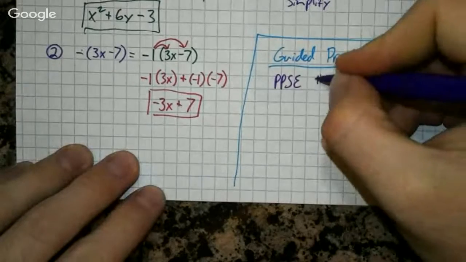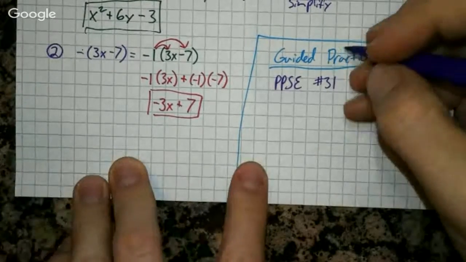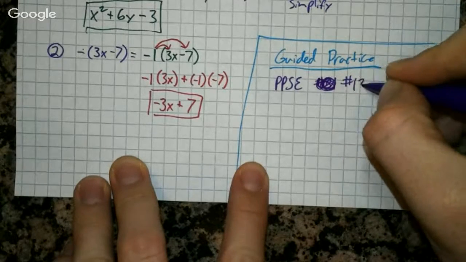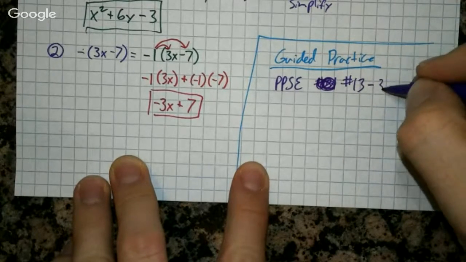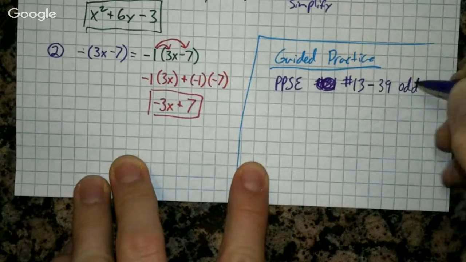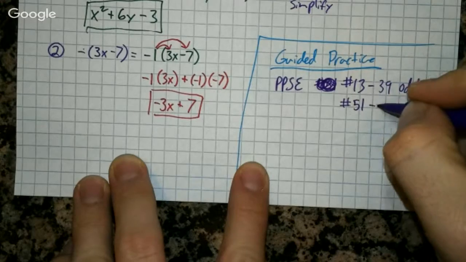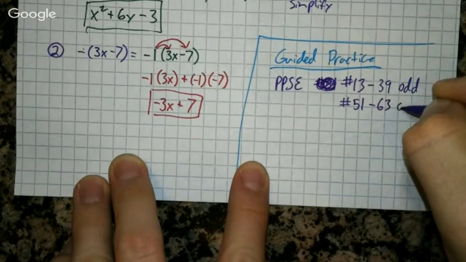And you're going to do number 13 through 39 odd. And then you're going to pick it up again on number 51 through 63 odd.